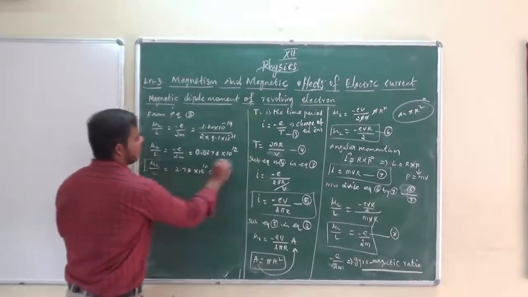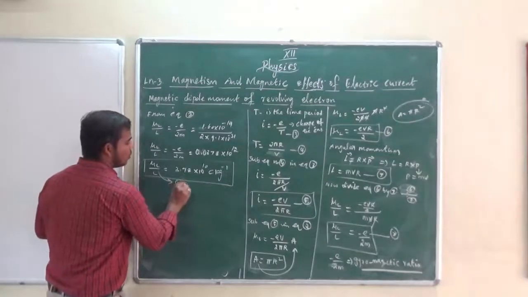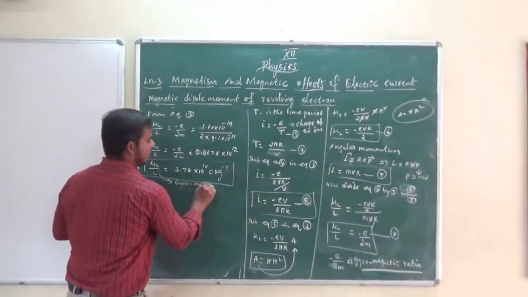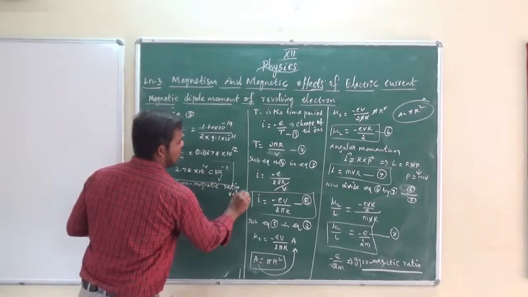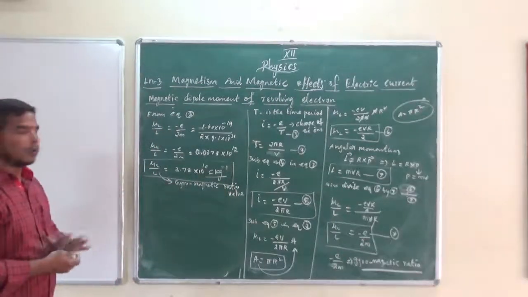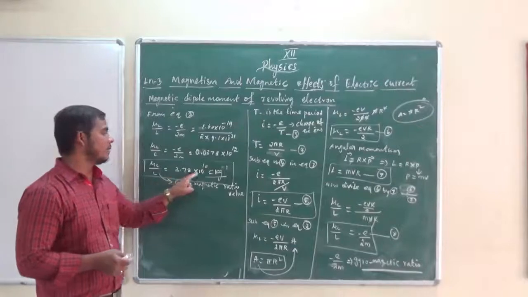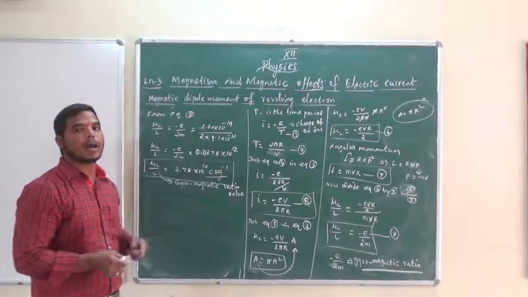These are fixed values, so you can calculate them. The unit of the gyromagnetic ratio is coulomb per kg. To repeat one more question: what is the unit of the gyromagnetic ratio? Coulomb per kg, with value 8.78 into 10 to the power of 10, otherwise 0.0878 into 10 to the power of 12.